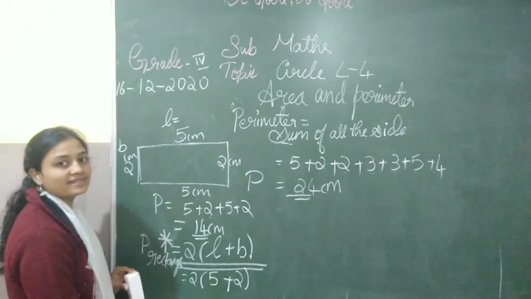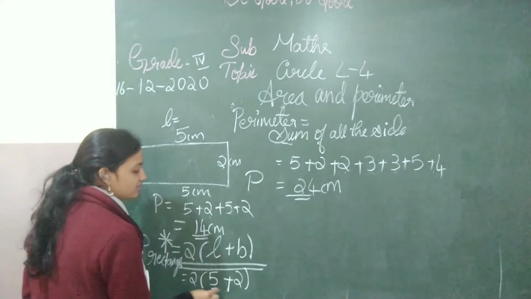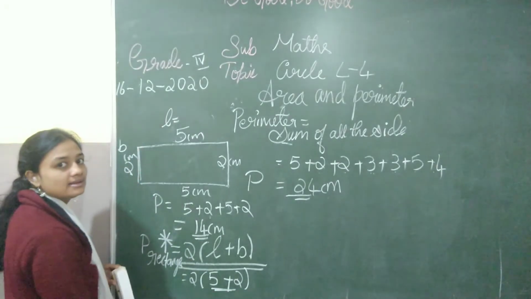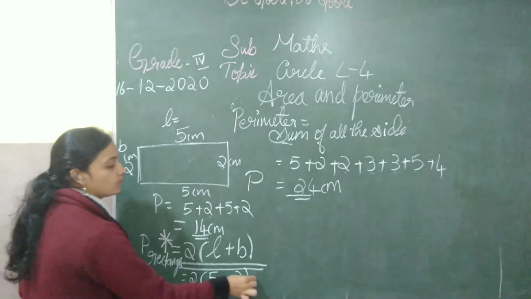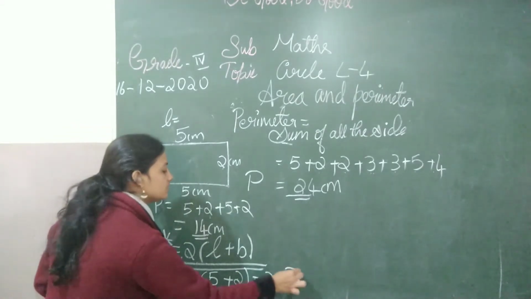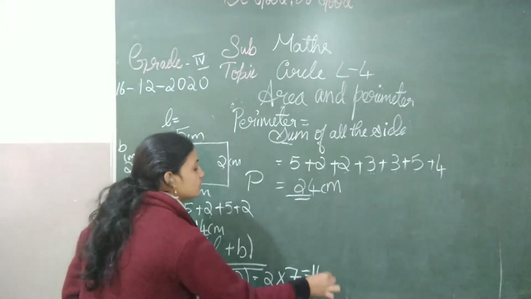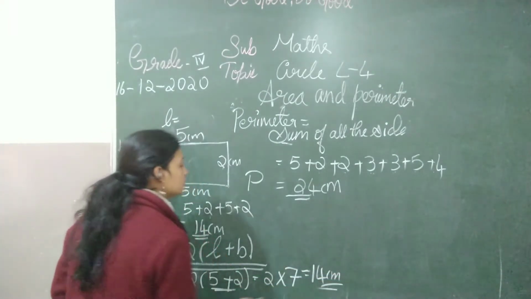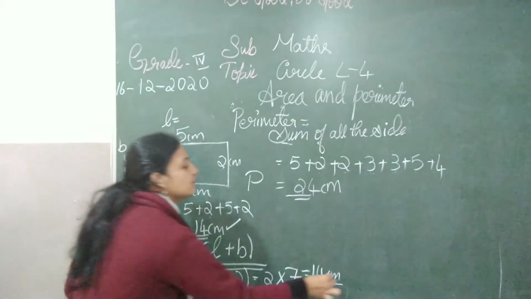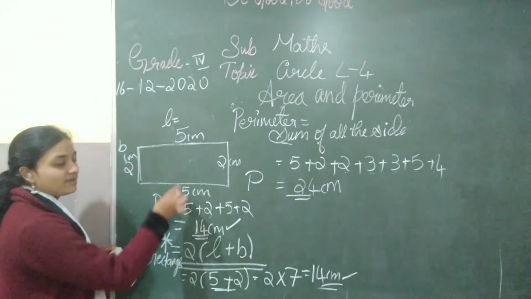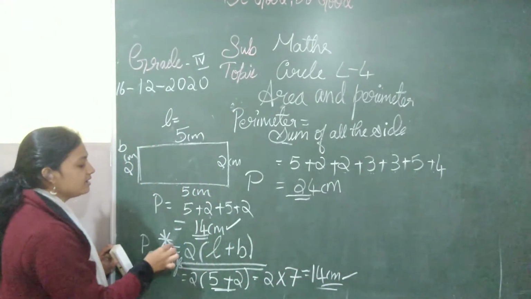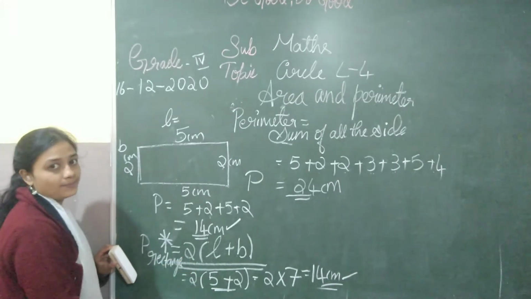Add them both, you get 7. 7 into 2, 2 into 7 is equal to 14 centimeters. So you got the same answer here. So for finding the perimeter of a rectangle, we use this formula.